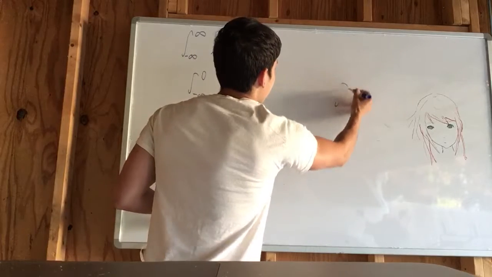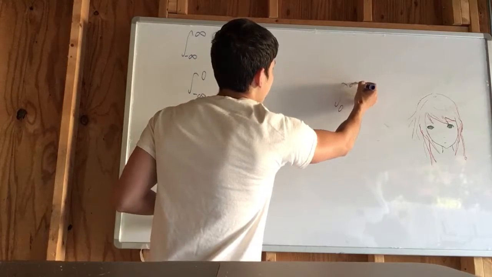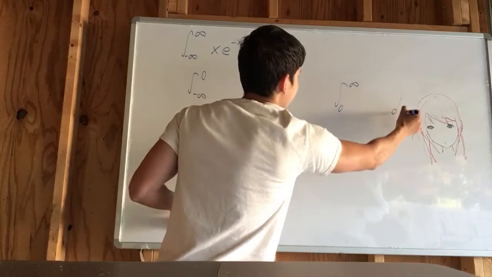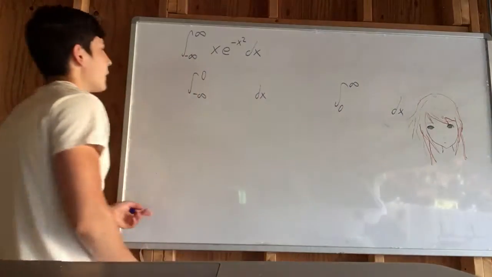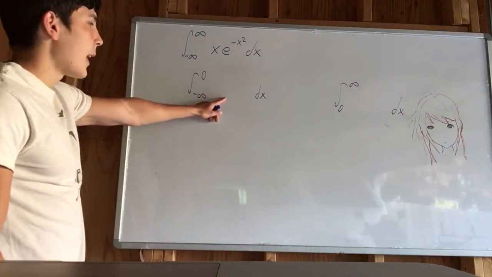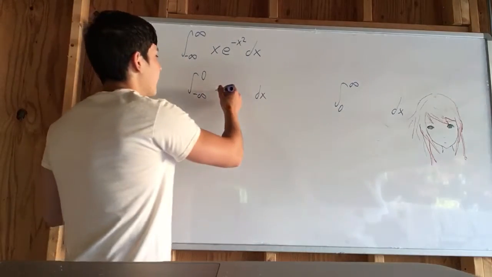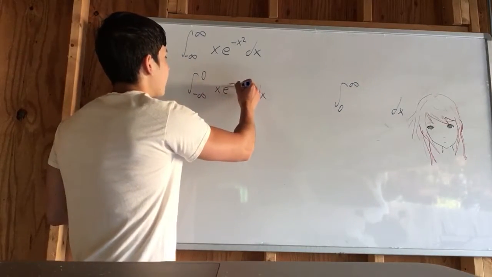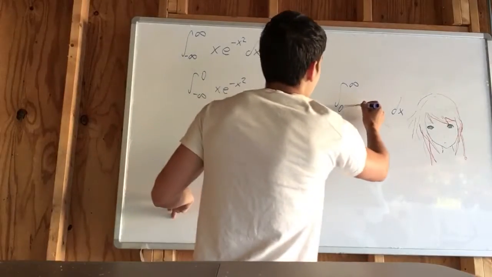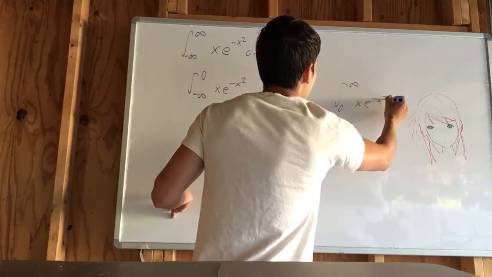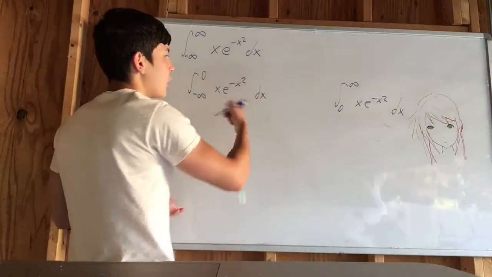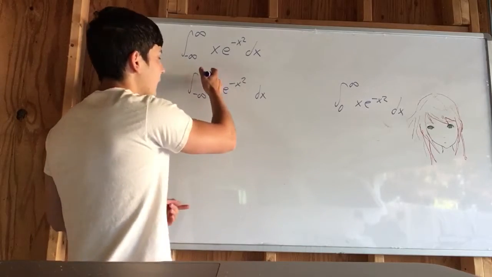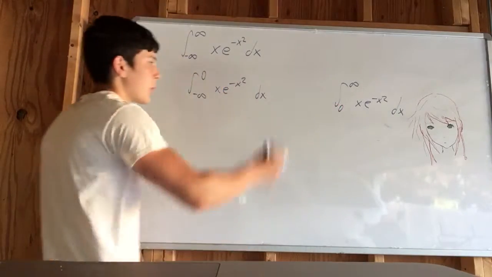And here we go from 0 to infinity. What we have inside, of course, the integrand, is going to be the same. And we're adding these two portions. This one, we're cutting it off at 0, and this one, we're starting it at 0.